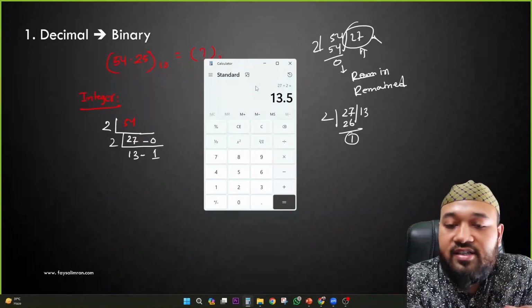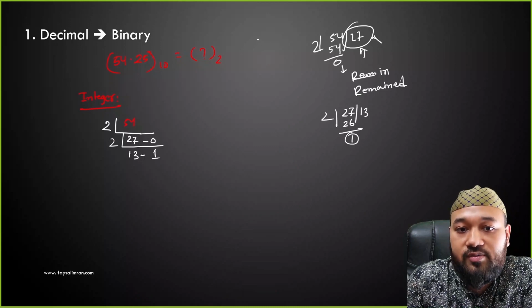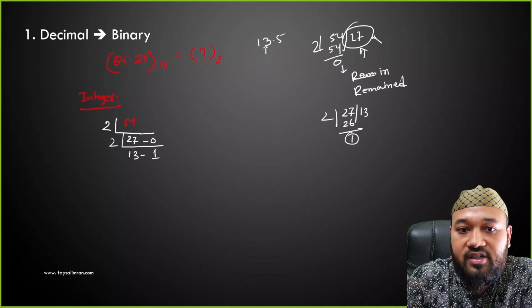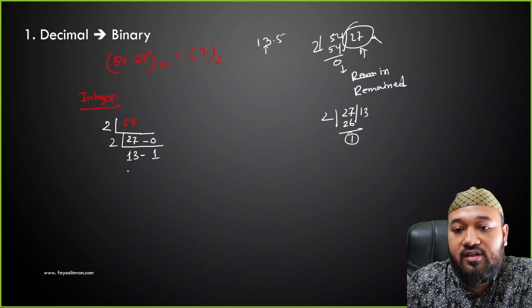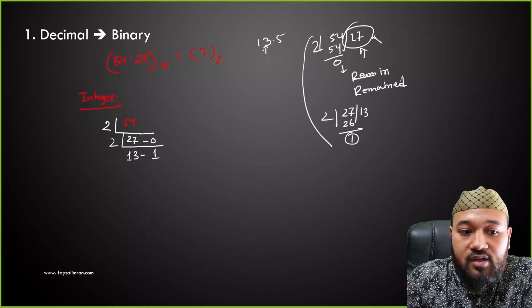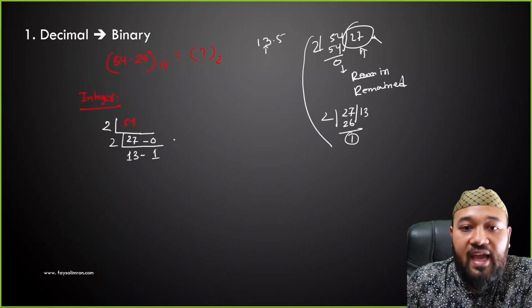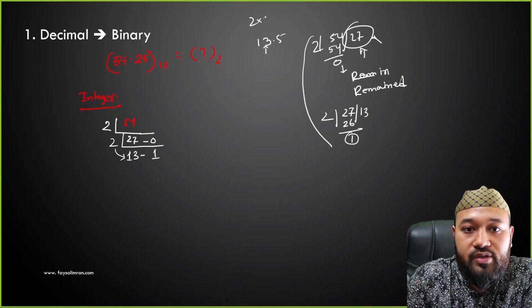We will get 13.5. Here 13 is our integer value. We just put our integer value here. Then we multiply 2 by 13, so 2 into 13, the value is 26.